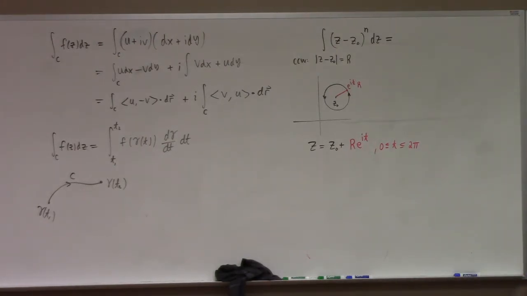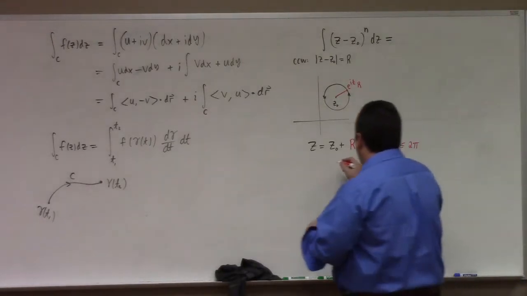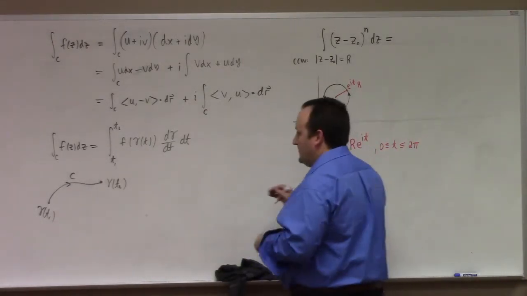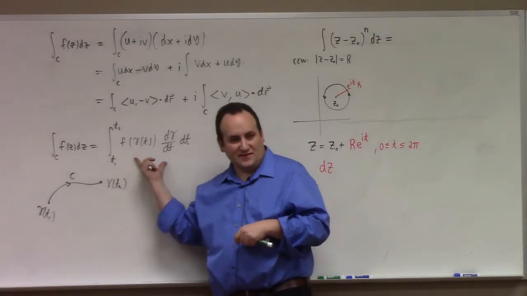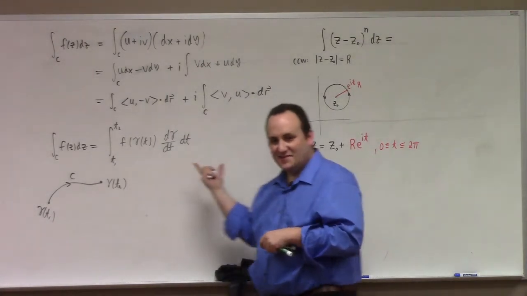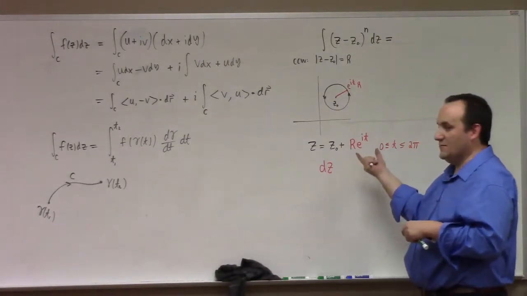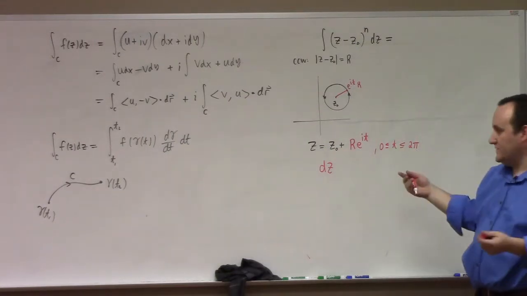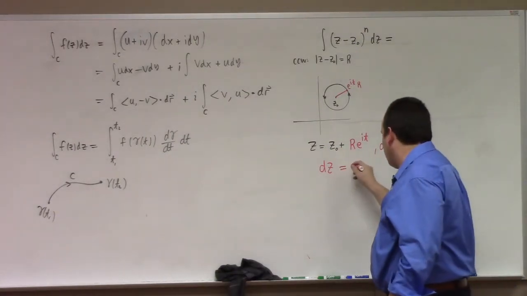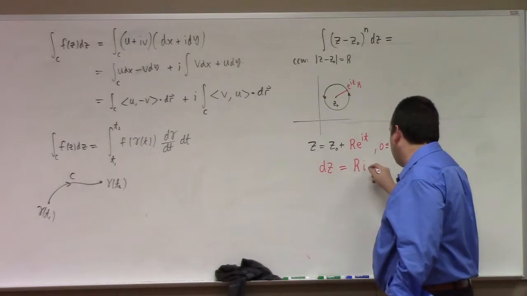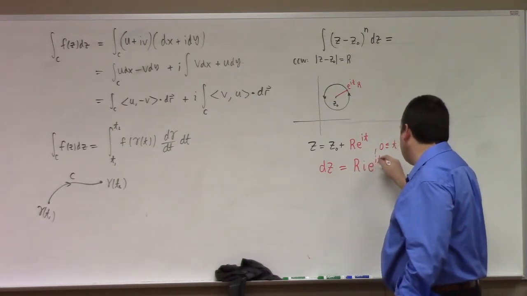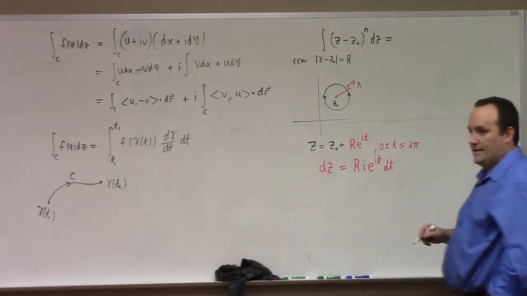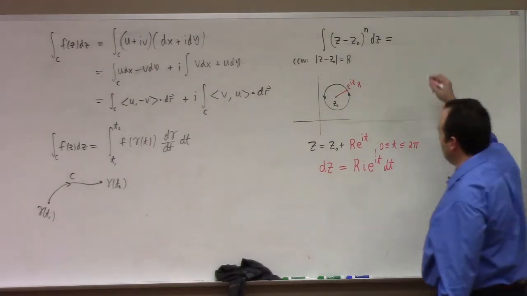What's dz? The dirty secret is you can ignore this and just calculate formally and it works out. Like, what should dz be? Well, z naught's a constant. It differentiates to 0. And this gives me r i e to the it dt. That actually makes sense when you work out all the formalism.